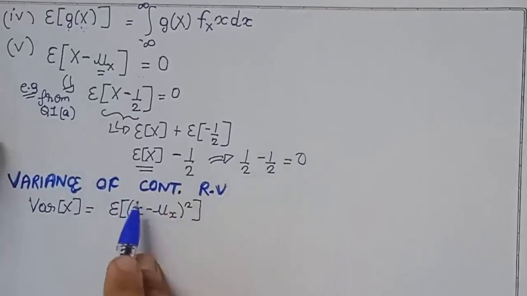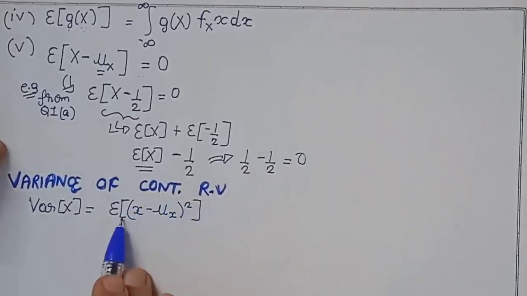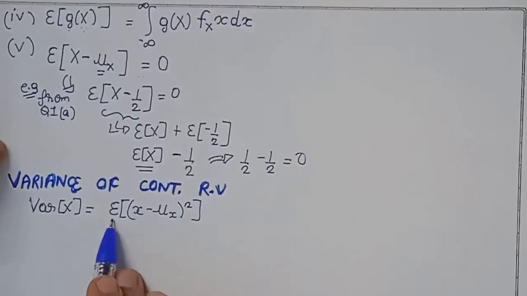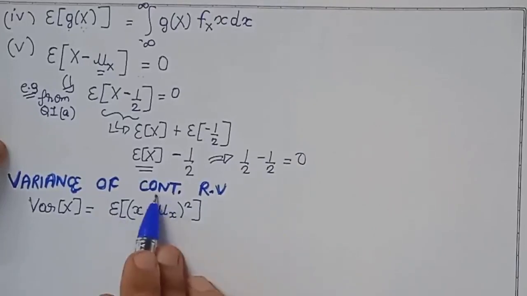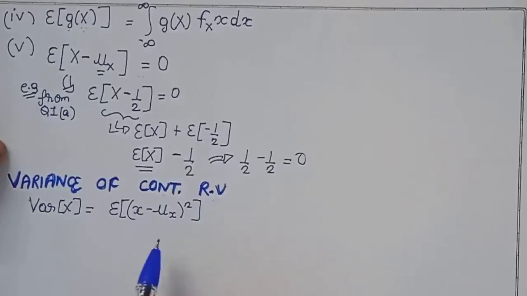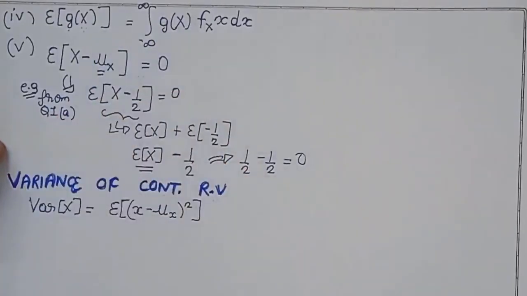Now the difference in the case of continuous random variable comes in finding the expectation, because in discrete random variable we use summation and PMF to calculate expectation, but in case of continuous random variable, as we have seen, we calculate expectation using integration and PDF values.